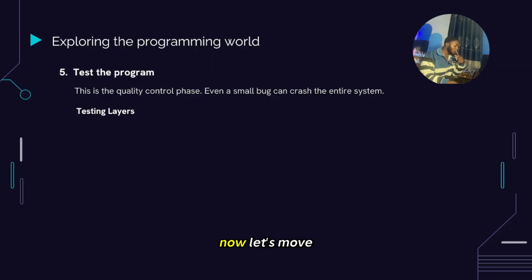So now let's move to the fifth stage, which is testing the program. Once you have coded and compiled, you have to run the code and actually test for problems like semantic errors. Remember, with a semantic error or a runtime error, your program can break.